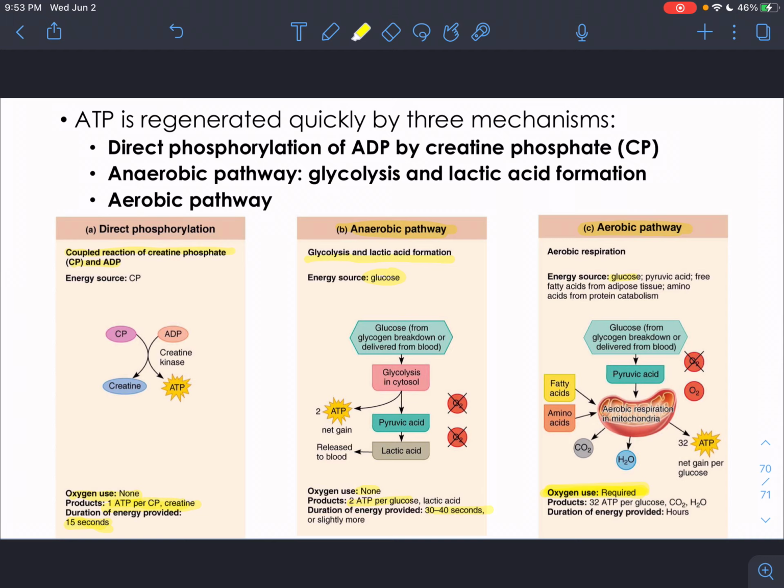It needs oxygen, but it produces 32 ATP per glucose as well as CO2 and H2O byproducts, and it gives you hours of energy. Okay, so those are the basic types of ATP generation, and they're going to be used in different circumstances.